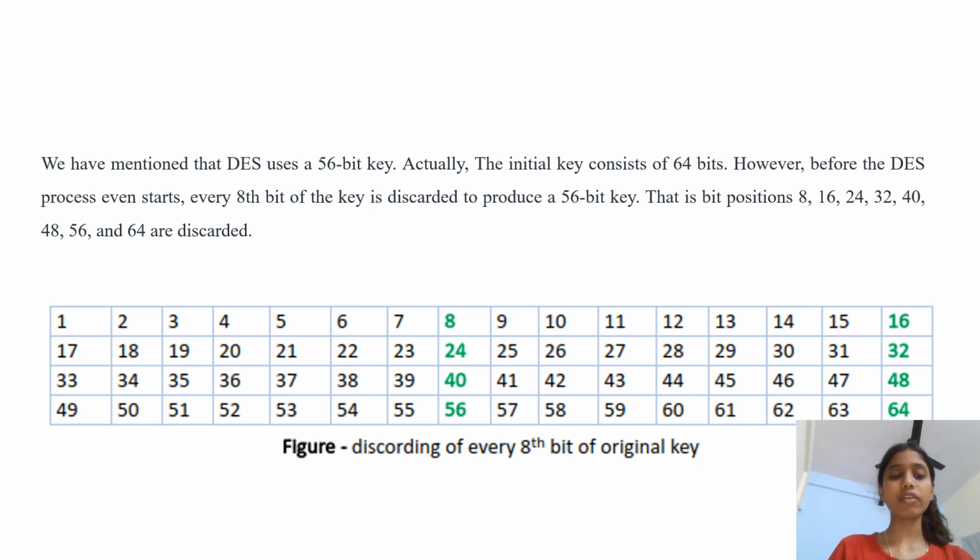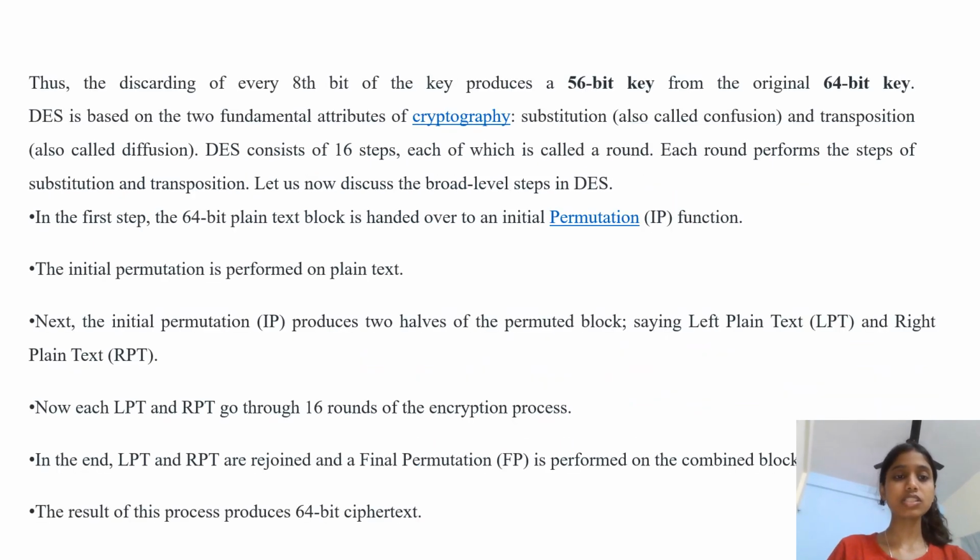Here in the figure you can see that bits 8, 24, 40, 56, 16, 32, 48 and 64 are discarded to bring the key from 64 bits to 56 bits. Thus, discarding every 8th bit of the original 64-bit key produces a 56-bit key.